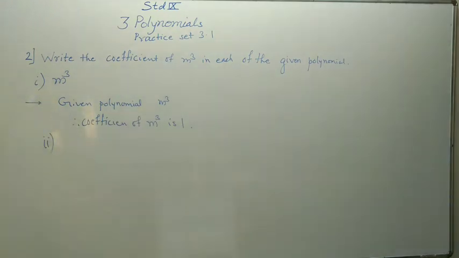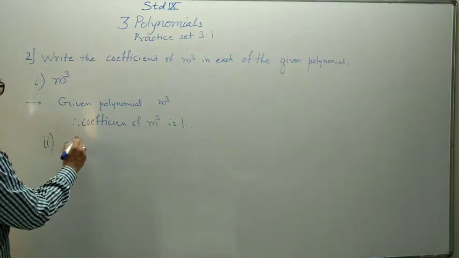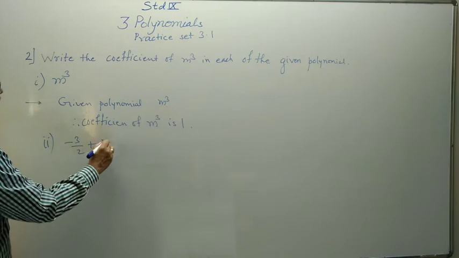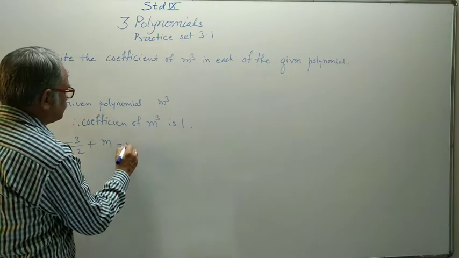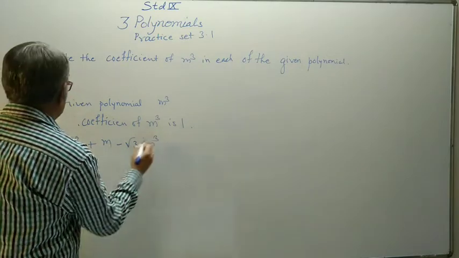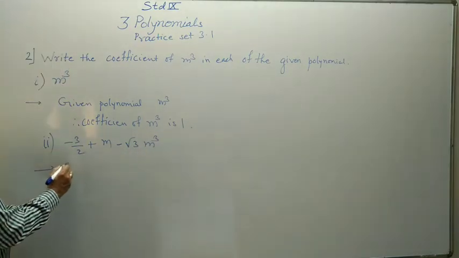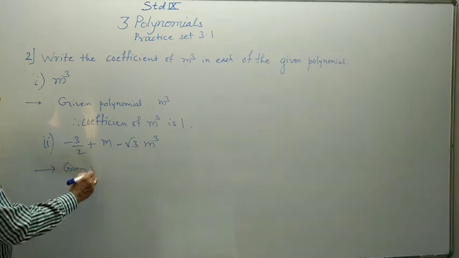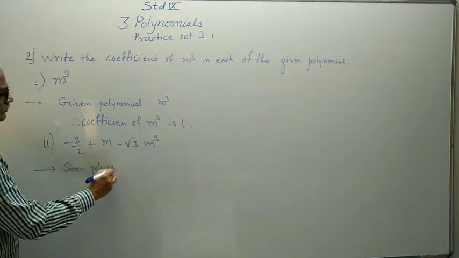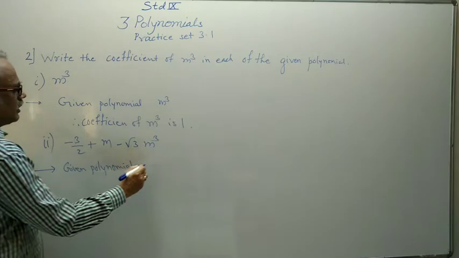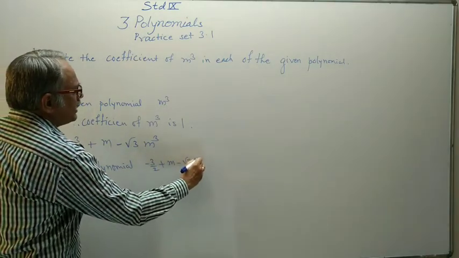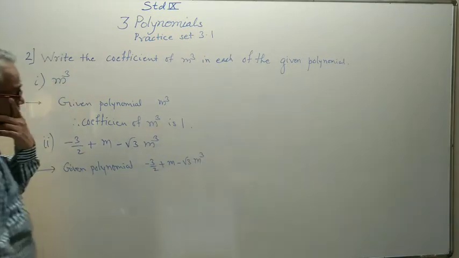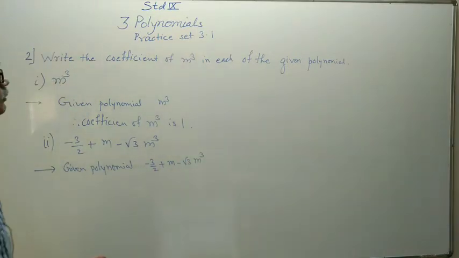Now the second question, minus 3 by 2 plus m minus root 3 m cube. Again in the answer we have to write the given polynomial: minus 3 by 2 plus m minus root 3 m cube. It is not in standard form, we just wrote it in given form. We want only the coefficient of m cube.